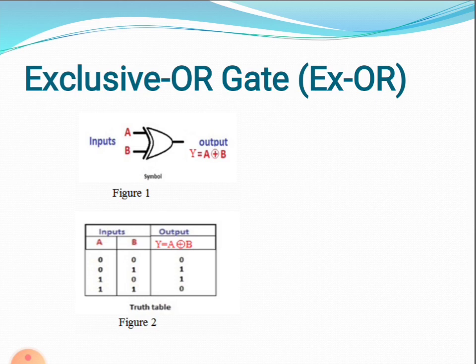From the truth table we observe that when both the inputs are the same, that means 0 or 1, the output is 0, whereas when the inputs are not the same, one is 0 and the other is 1, the output is 1.